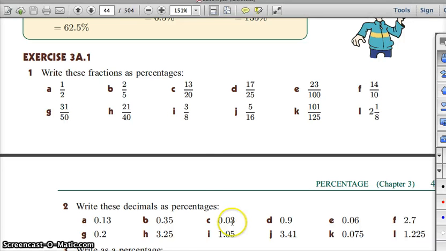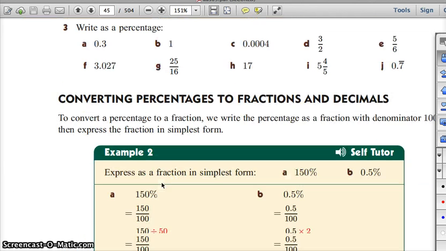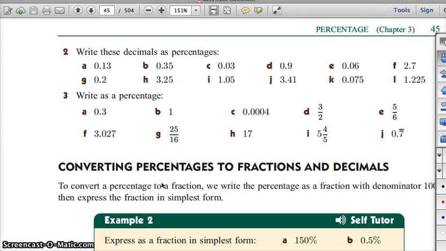All right. You can see the way the questions are set up, can't you? The questions are set up with fractions first. They follow that up with a little bit more difficult or a bit of a change up. They change that to decimals, and the decimals you just had to multiply by 100. And then they change it up into a mixture of decimals, fractions, etc. And then in the next bit, converting percentages to fractions and decimals.